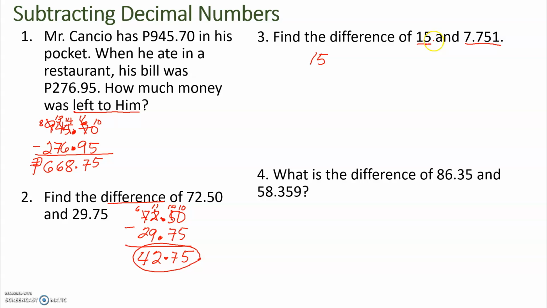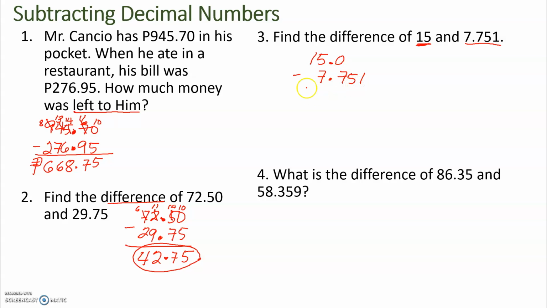Just like 15 here is the same as 15.0. Although it is invisible in this case, it actually has a decimal point, which is after the 5. So 15 minus 7 and 751 thousandths.